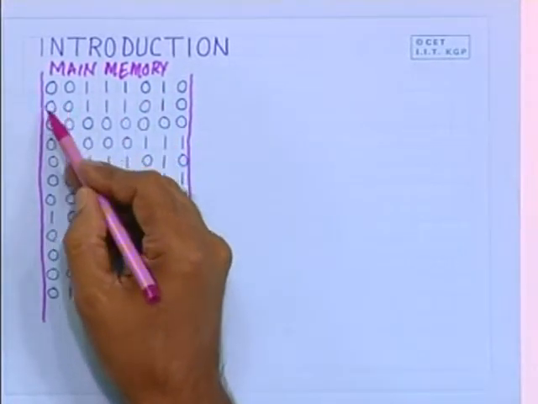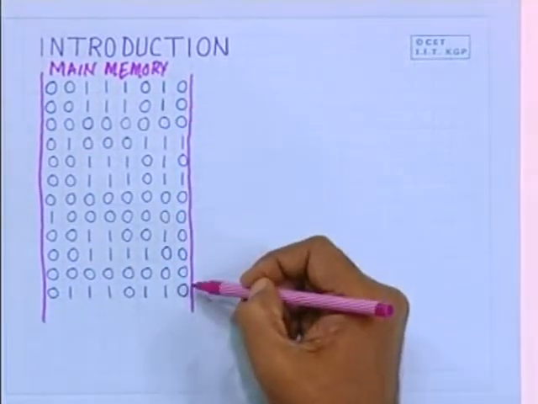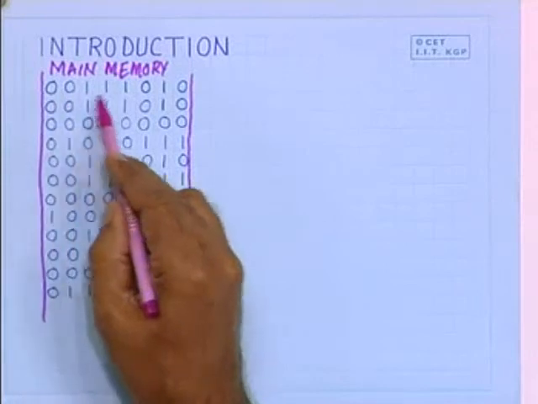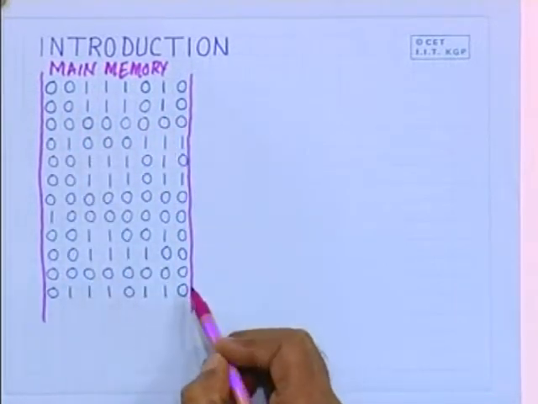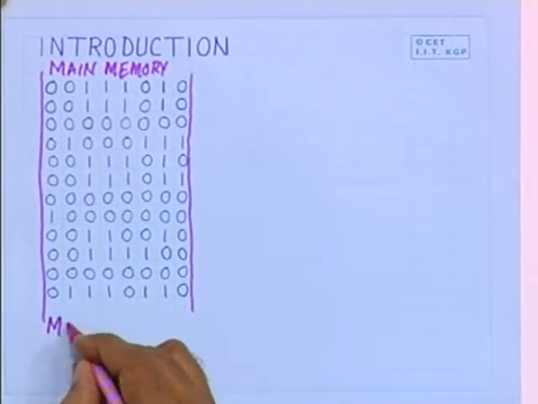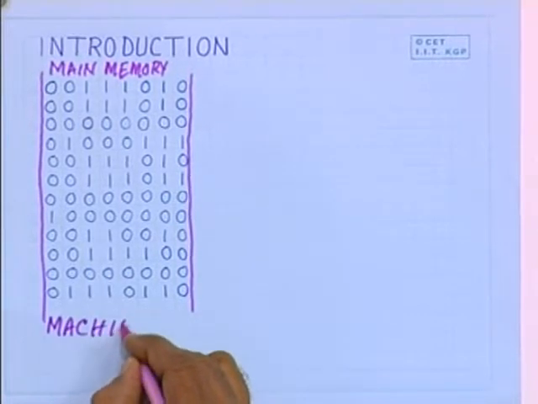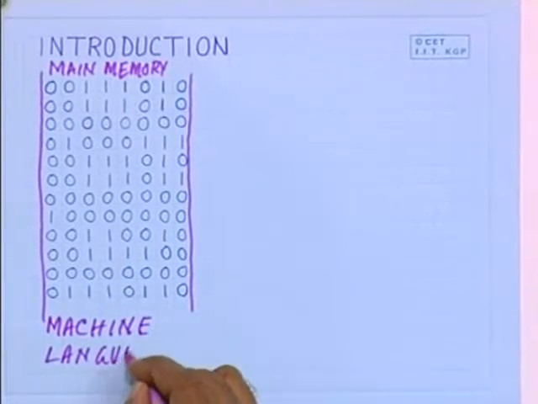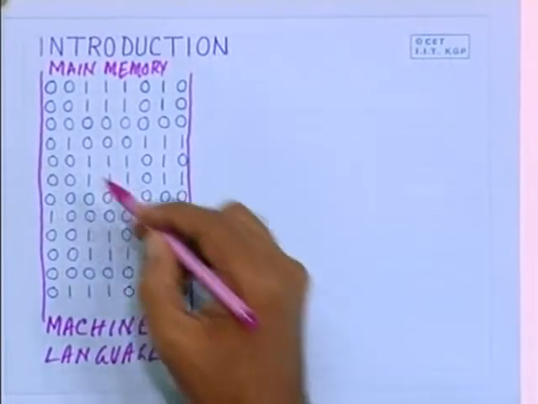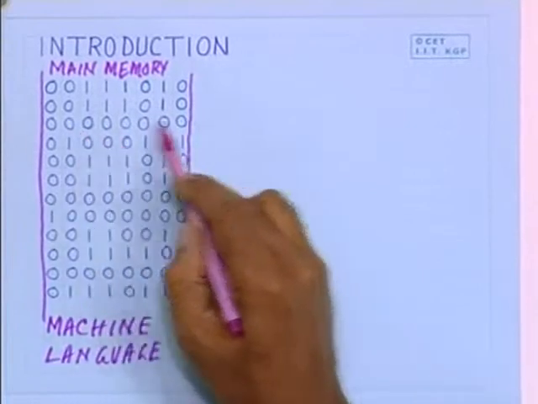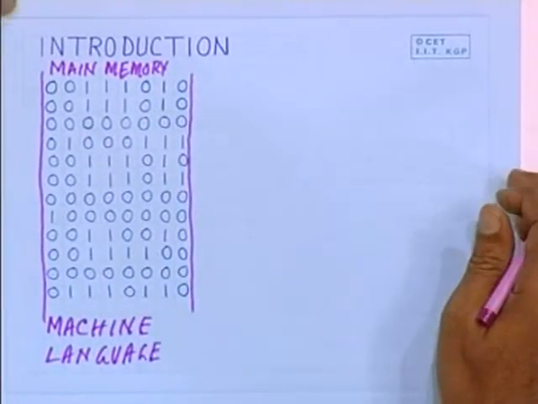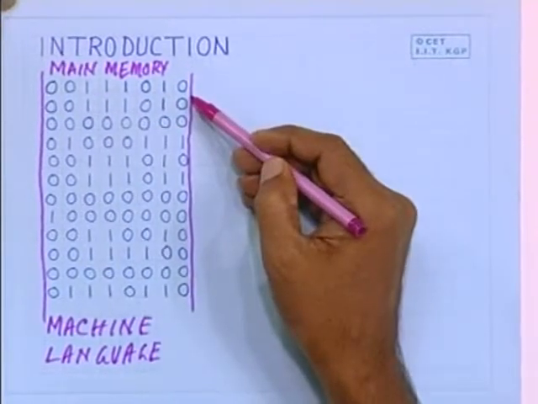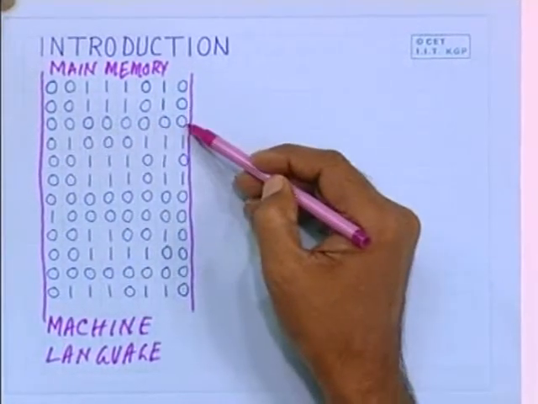So, the instructions are stored one after the other in memory locations, and the way they are stored here is machine language. As you can see from this sequence of zeros and ones, a human being cannot make out what this bit sequence represents.